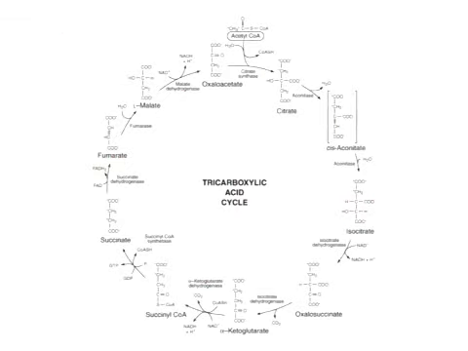Now this is the citric acid cycle, or the tricarboxylic acid cycle, and it gets its name from the first 4 intermediates. You see that citrate has 1, 2, 3 carboxylic acids, and these are actually the anions of a carboxylic acid.